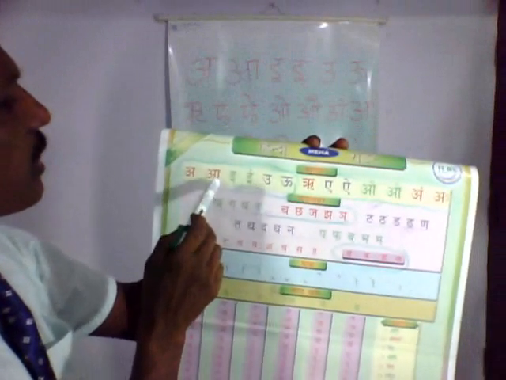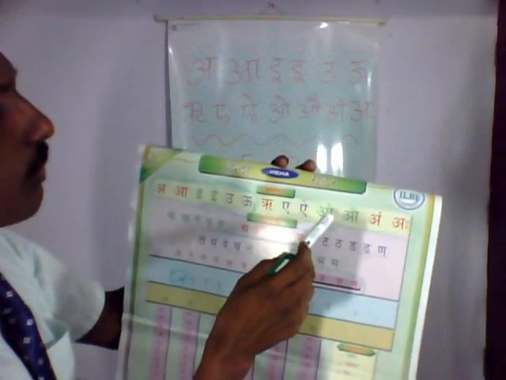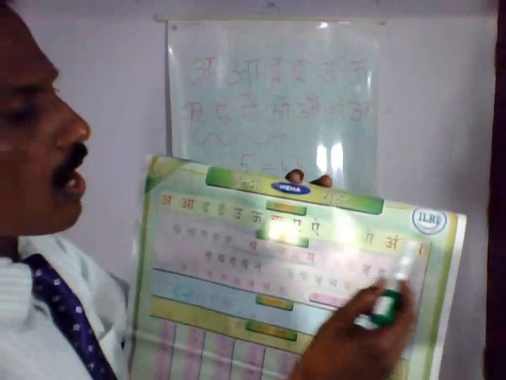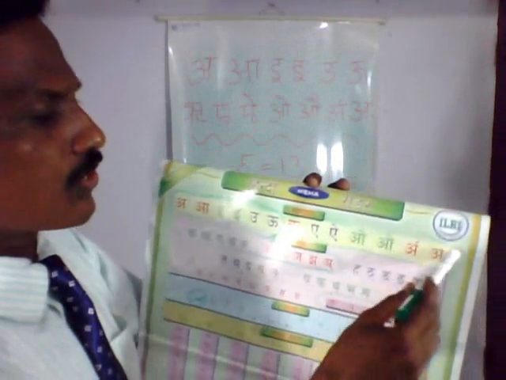This first letter we can see repeated in the others also, here and in the O and O, so the first letter is repeated in 6 places.